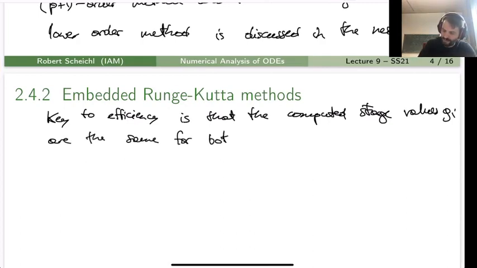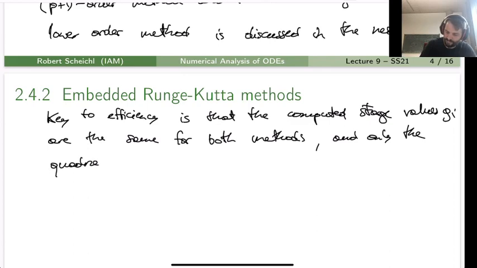So only the quadrature weights for the final quadrature, namely the bi, differ.